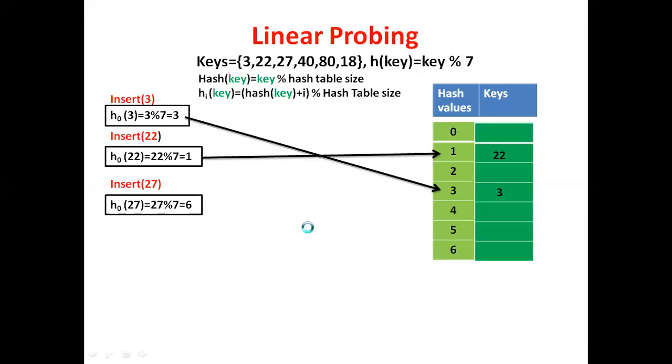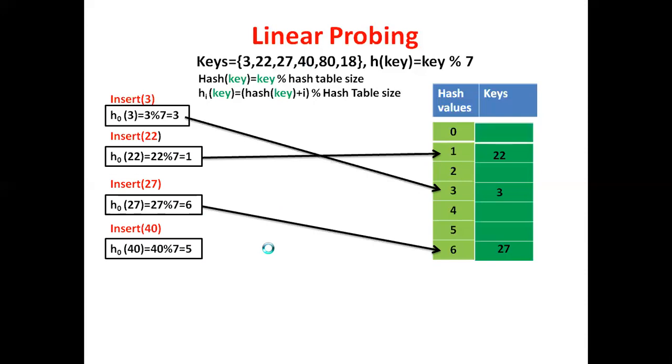Sixth bucket is empty. You can insert 27 at the sixth bucket, 27 inserted. Next, I want to insert 40. So h0 of 40 is equal to 40 modulus 7 is equal to 5. So the fifth bucket is also empty. You can insert 40 at the fifth bucket. No problem.